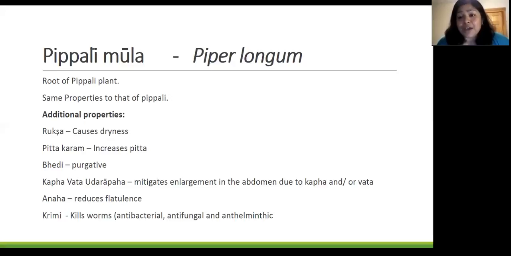If you're using amla powder with the seed powdered in, you're not going to get the same effects. It actually can create constipation. So you may have come across certain people taking Triphala who say that they ended up getting constipated. This is the reason why. Because they actually powdered the seed along with the pulp. If you're taking just the powdered pulp of those fruits, you will not end up with constipation.